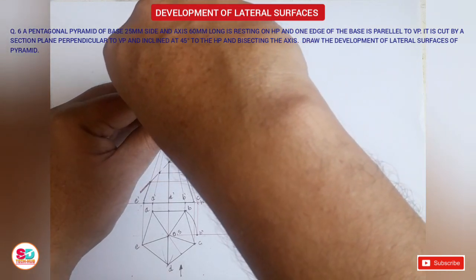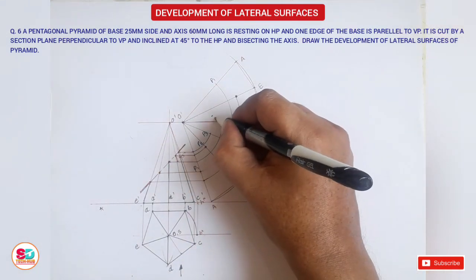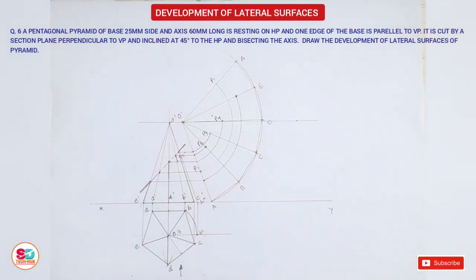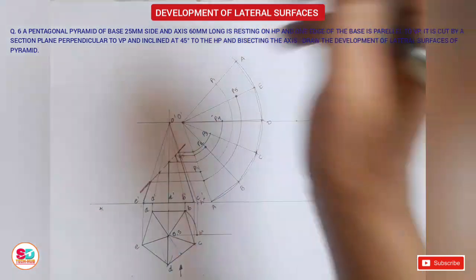So this will be the OD generator here. So this point of intersection will be P4. So last point is remaining, that is E, which we have already plotted here. Okay, so this will be the P5 and this will be again P1.